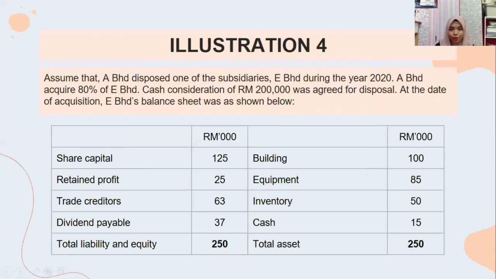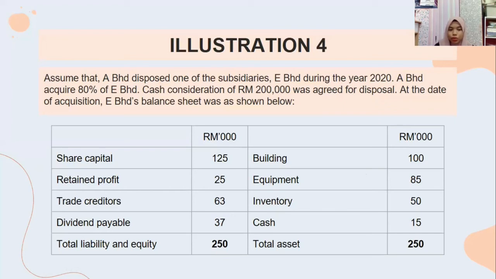Now I will proceed with illustration 4 to understand more. Assume that E Berhad disposed one of its subsidiaries during the year 2020. E Berhad held 80% of the subsidiary. Cash consideration of 200,000 was agreed for disposal. At the date of disposal, the subsidiary's balance sheet is as below.